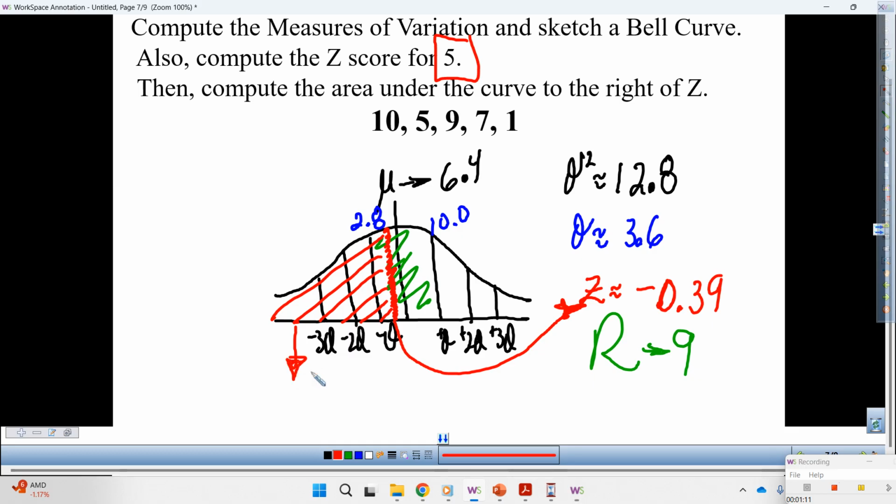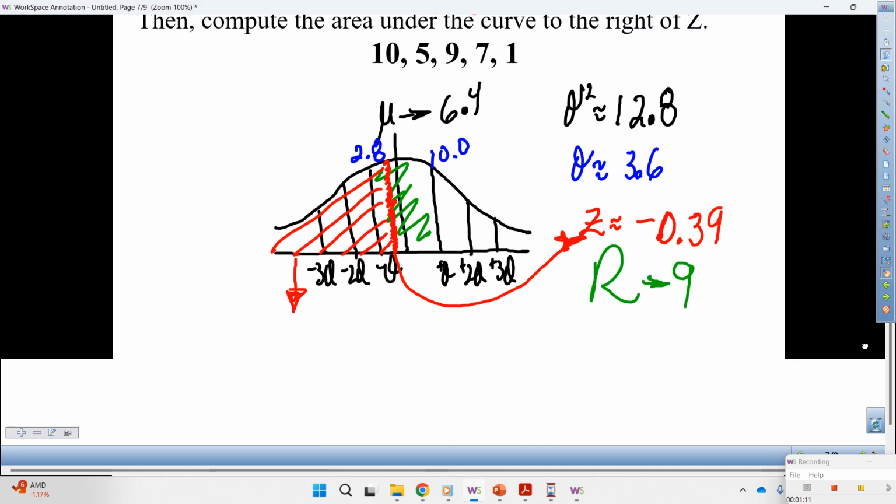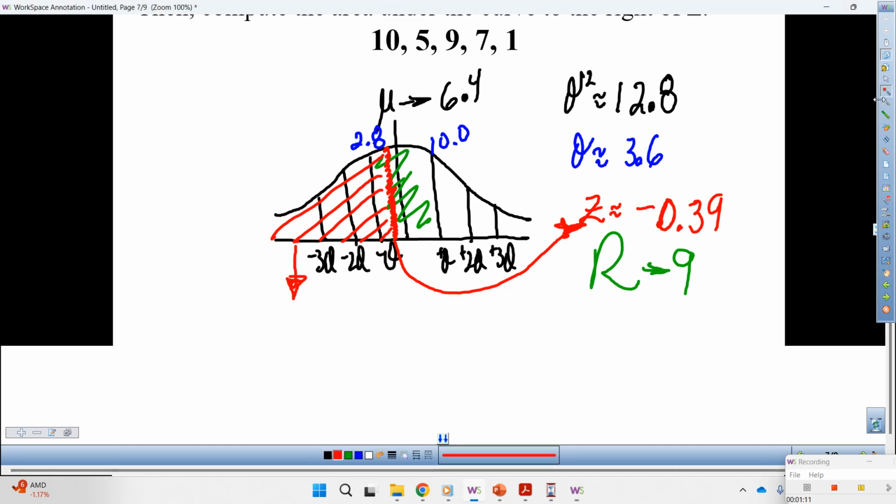Then we're going to pass this to Dieli and see what she got for that decimal to the left of negative 0.39. What is that decimal, Dieli? 0.3483.